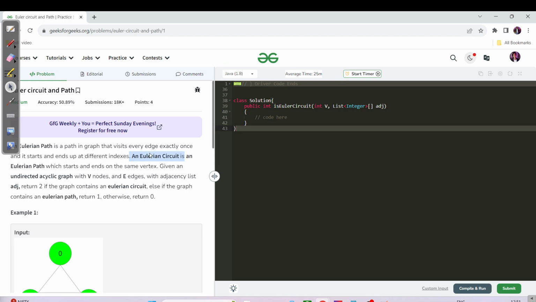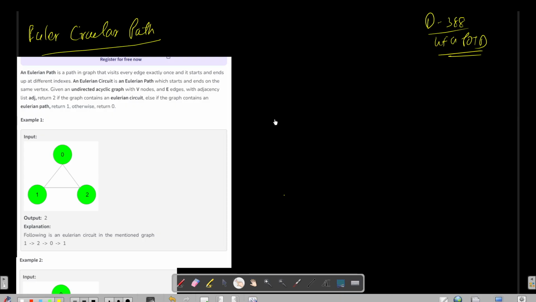So one condition is common in both, that it visits every edge exactly once, correct? That's the common thing in both definitions, path and circuit. We have been given an undirected acyclic graph with V nodes and E edges as an adjacency list. Return 2 if the graph contains a Euclidean circuit, 1 if a path, and otherwise return 0.